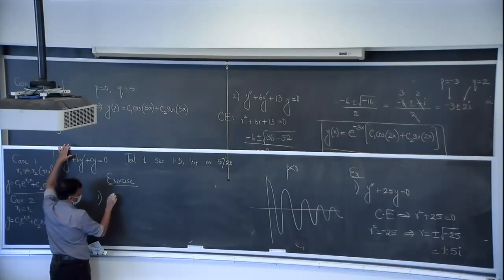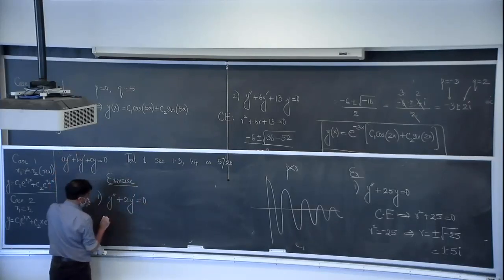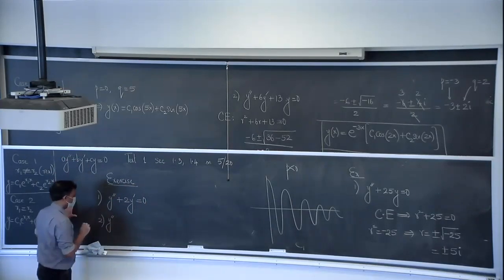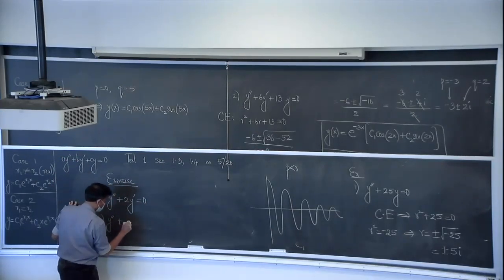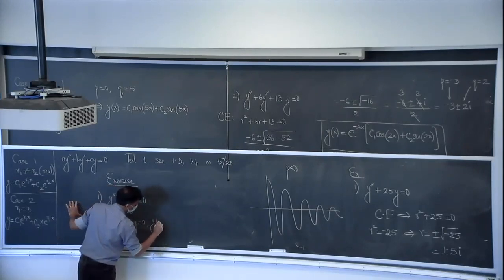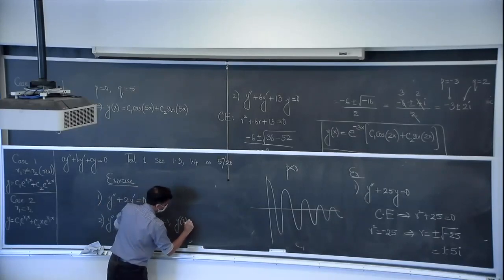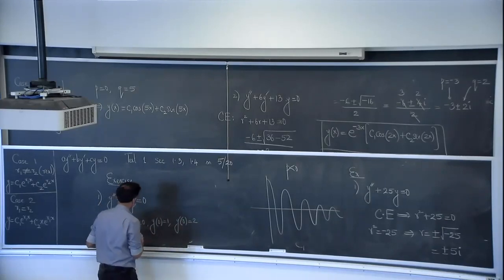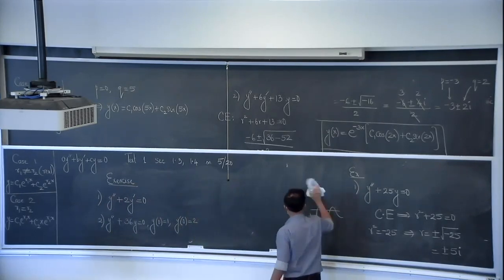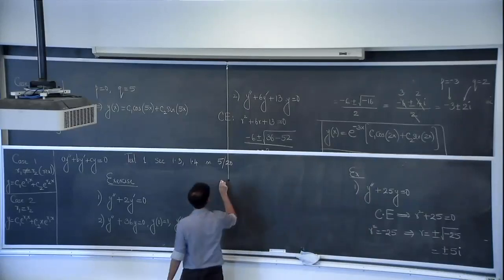So y double prime plus 2y prime equal to 0. It's kind of mixed and matched, so I don't know which case it is right now. So maybe I know, but I'm not telling you. 3.